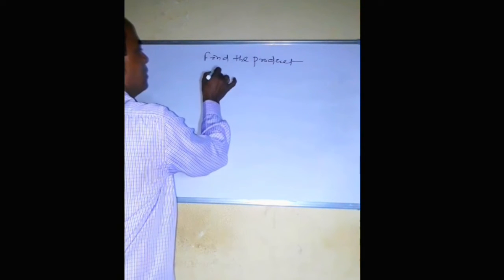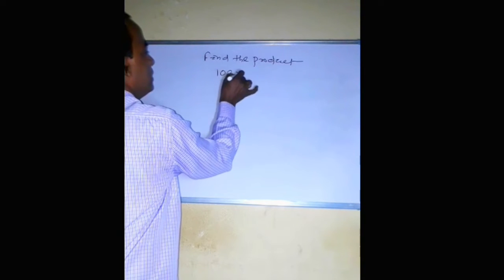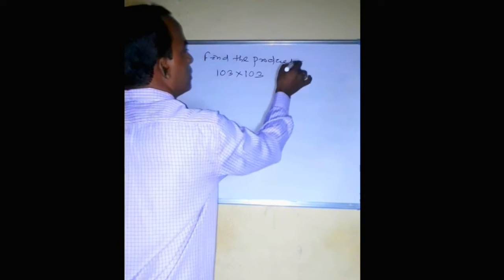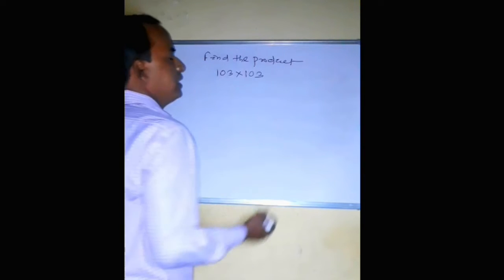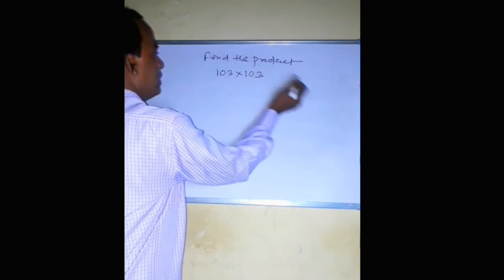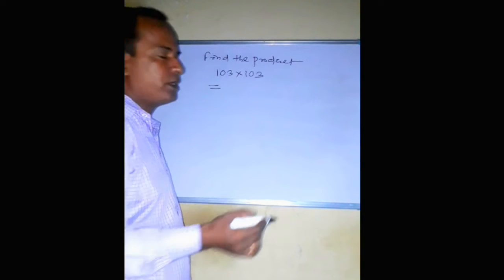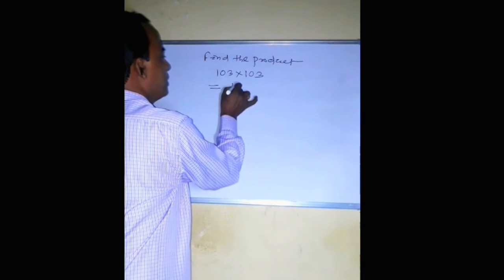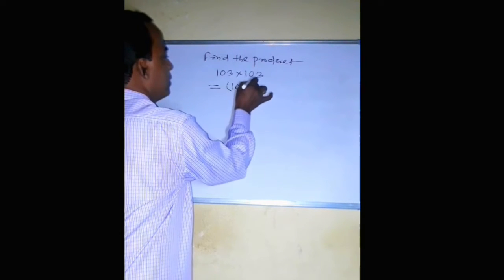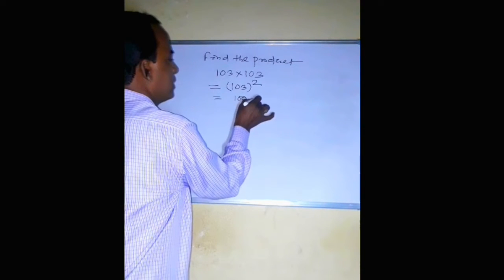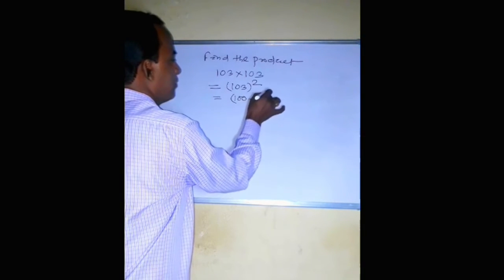That means given 103 into 103, or the question is its square. That means 103 into 103. What do you mean by this? This means 103 whole square. So this can be written as (100 plus 3) whole square.